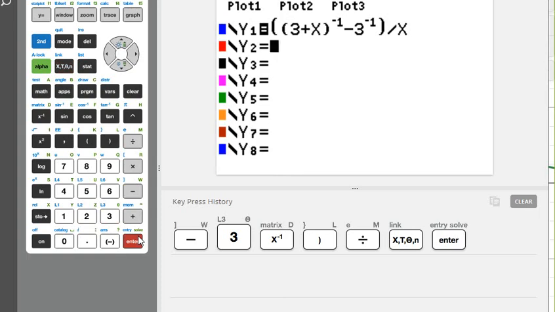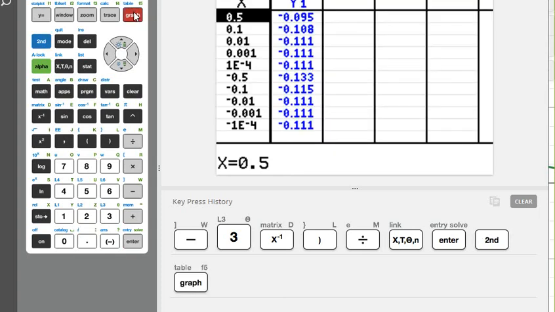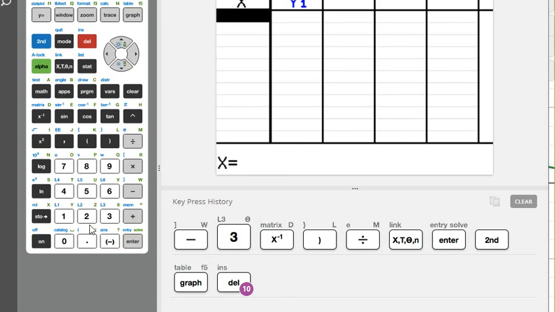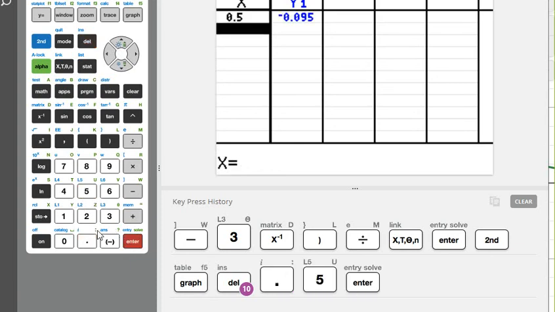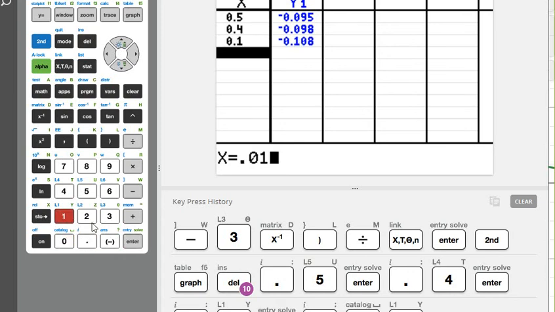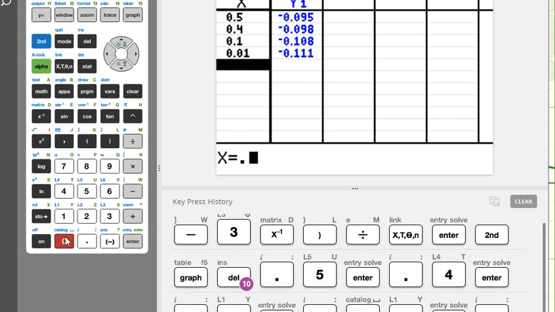And I want to take a look at this as x gets closer and closer to 0. So once you've got that expression in, let's go to our table, second, and then the graph key. Let's delete a lot of this stuff. And we'll start out with 0.5, 0.4. Yeah, let's just jump ahead. 0.1, 0.01, 0.001.